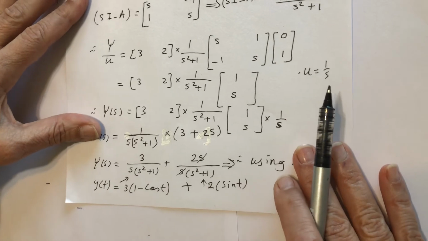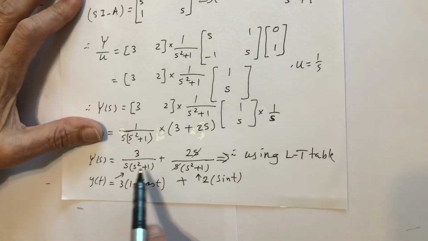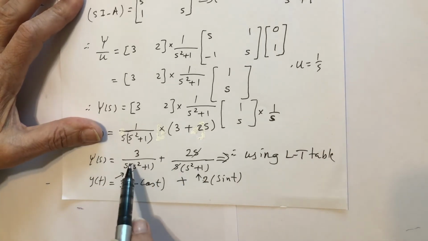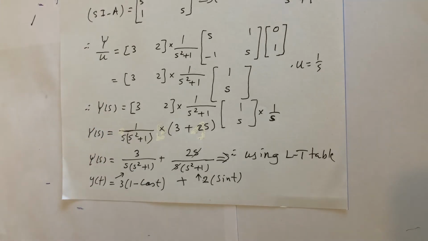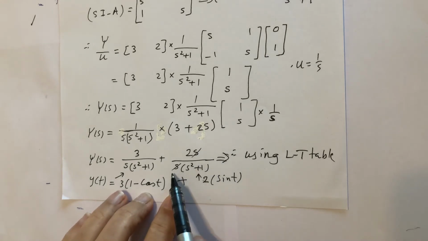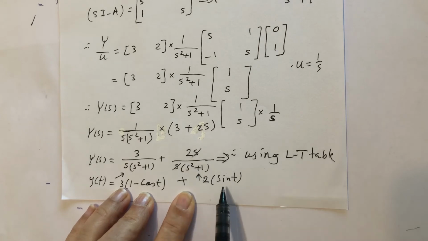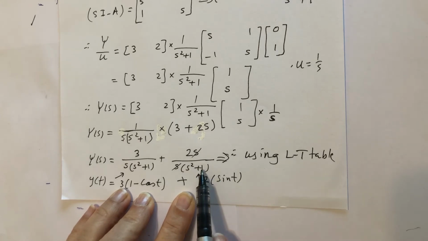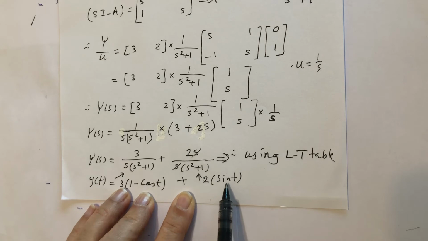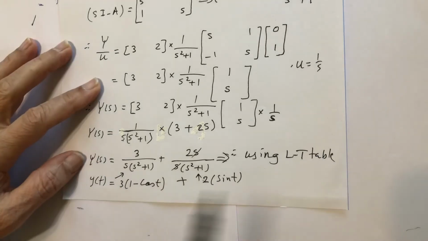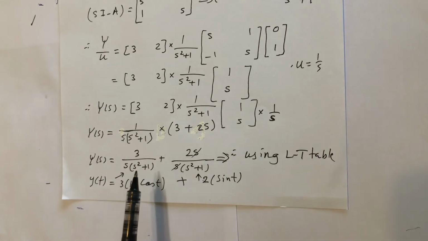I'll separate them, it's better. So you remember, this will cancel with this. So I'll have 2 over s squared plus 1. This is easy. This is 2 times sine t, right? Because omega n is 1. So this is sine t. Okay. Here I can find it from the Laplace transform table actually. Where did we put it?